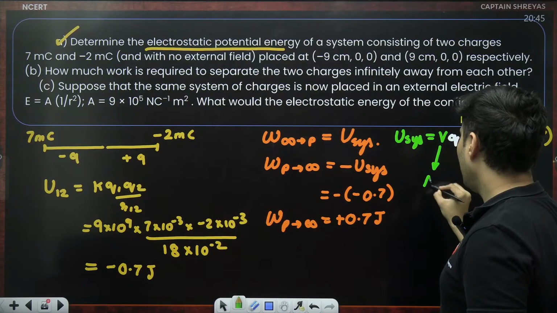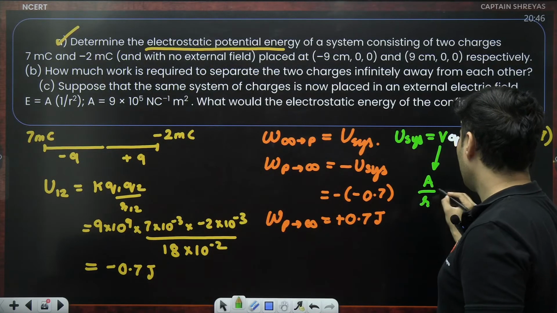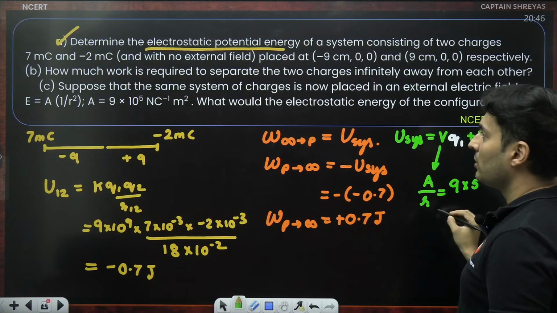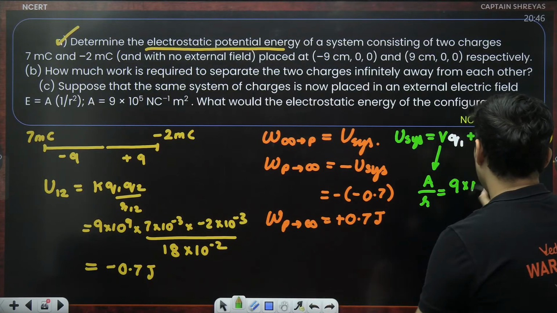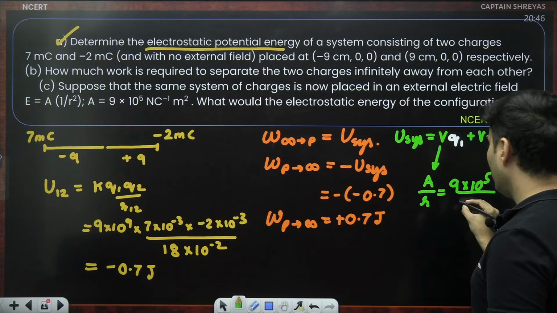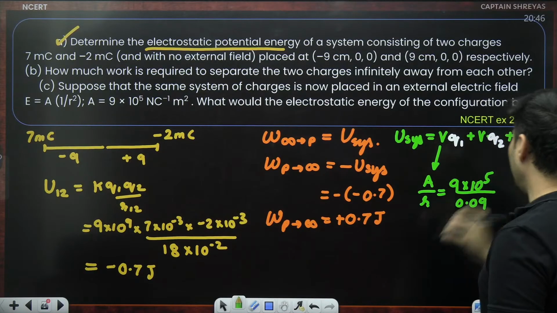V will be A divided by R, which is 9 into 10 to the power 5 divided by R, and R is 0.09 meters.